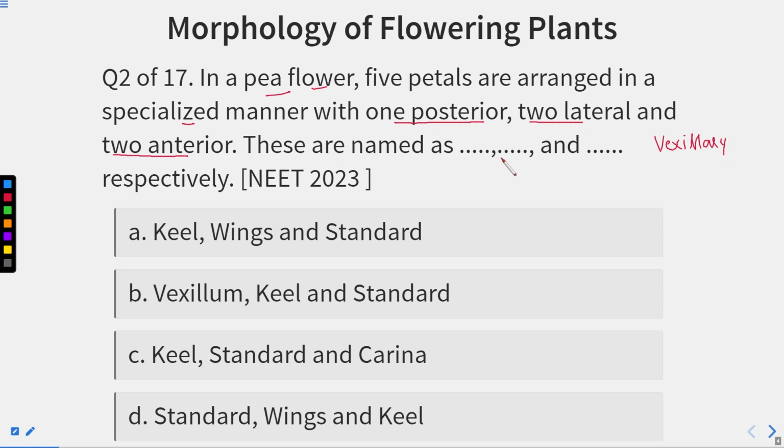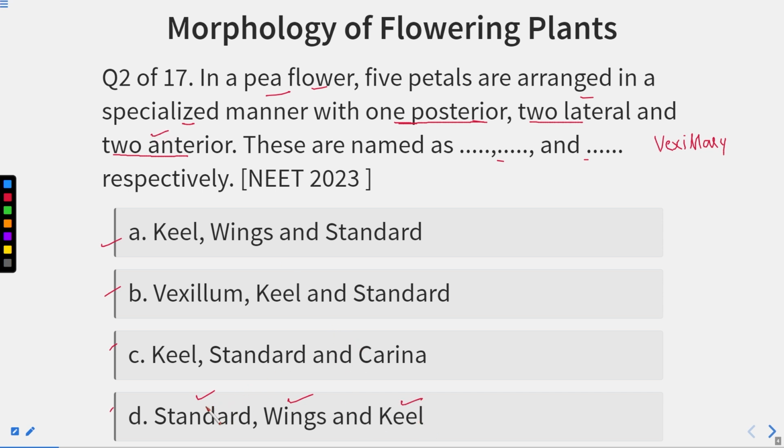Now, they have given you the blanks and we have to fill in the blanks. The correct answer should be: one posterior large petal is the standard petal, then we have 2 lateral petals known as wings, and then we have 2 anterior petals known as keel.